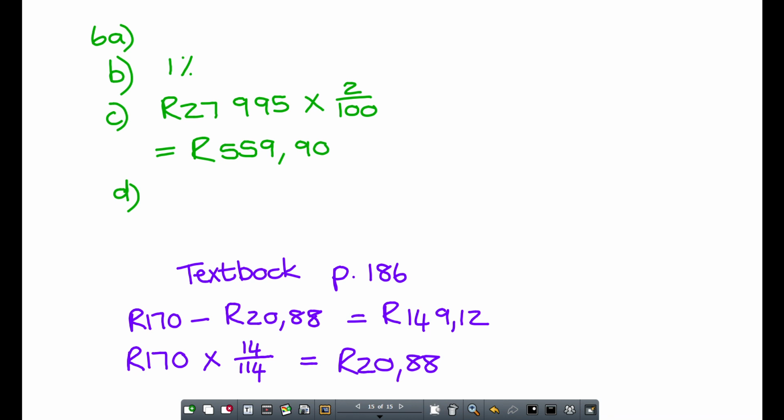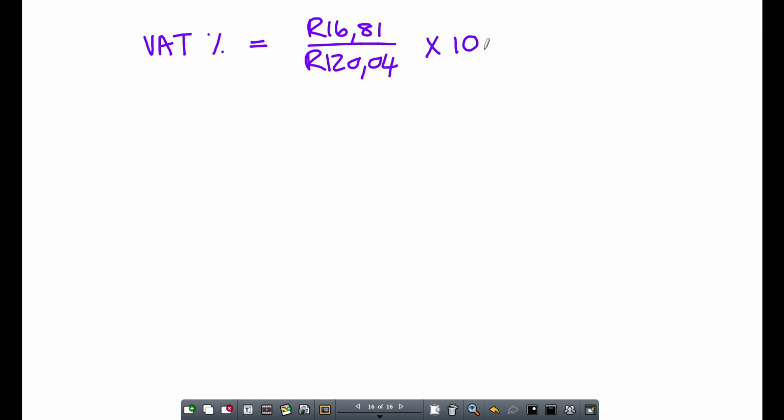In die handboek sê hulle vir jou to get the VAT percentage, you're going to say take the tax amount of 16 rand 81 over the original of 120 and 4 cents. En dan om te sit in persentasie gaan ons mos net sê male 100. En dit gee dan vir jou 14%.